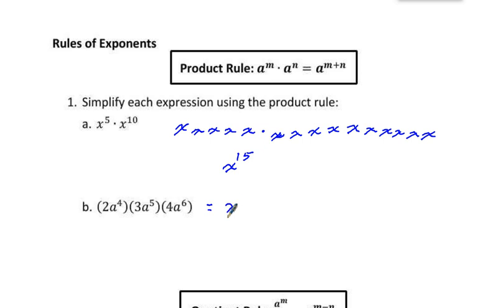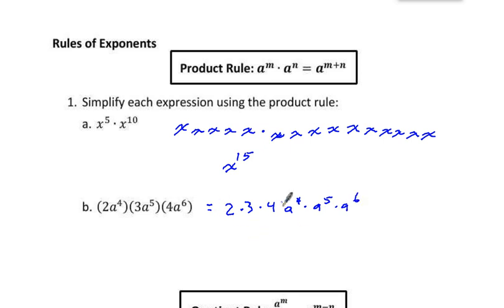What's happening here is we're going to take all of the coefficients, 2 times 3 times 4, and then all of the variables now together, a to the 4th times a to the 5th times a to the 6th.